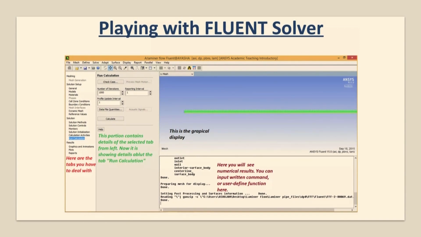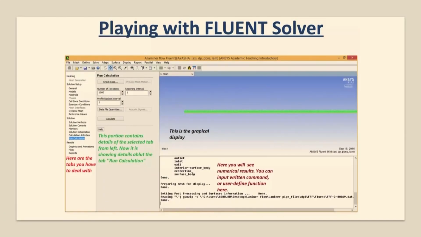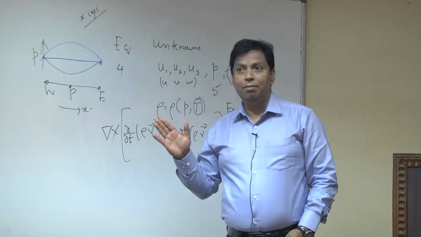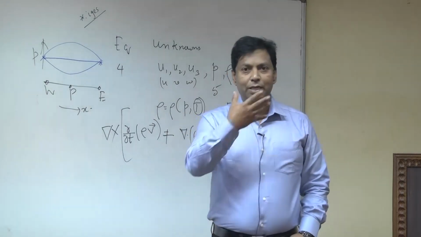For example, for your boundary condition, if you want to give a value like a temperature, for example 300 Kelvin, in one place, it's very easy, you can put it there. Or some flux condition, if you want to give some watt per second or something, you can put it there. That's easy.